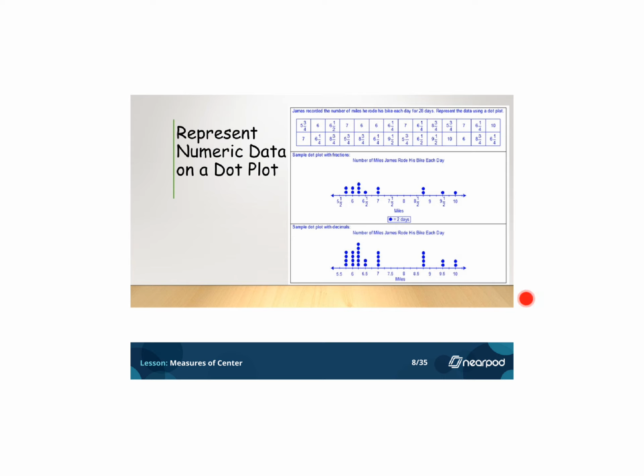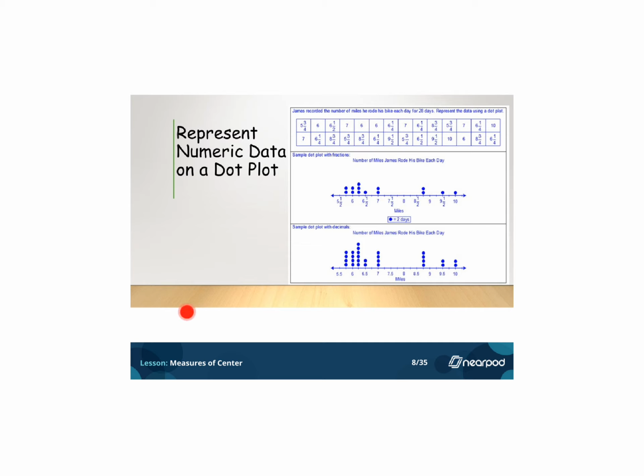So there's a number line right there. That's your number line. They created the number line. They started at 5 1/2. They ended at 10. Because the smallest number I have is 5 3/4. The biggest number I have is 10.